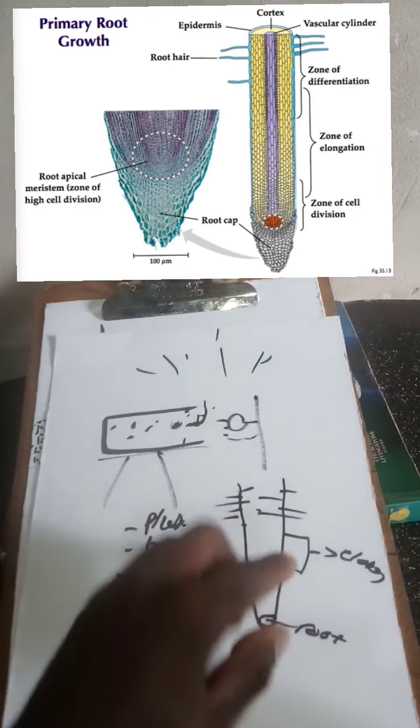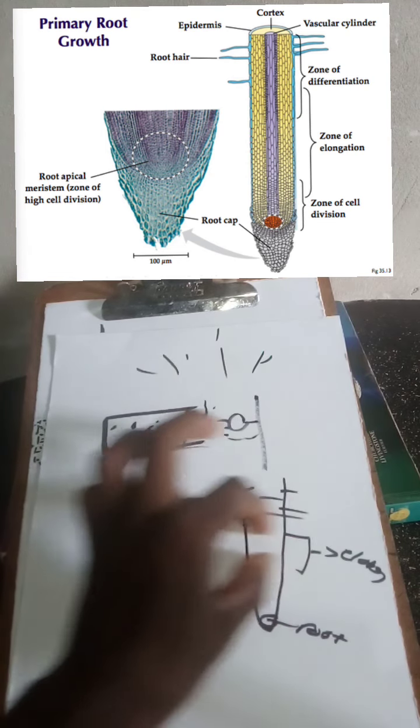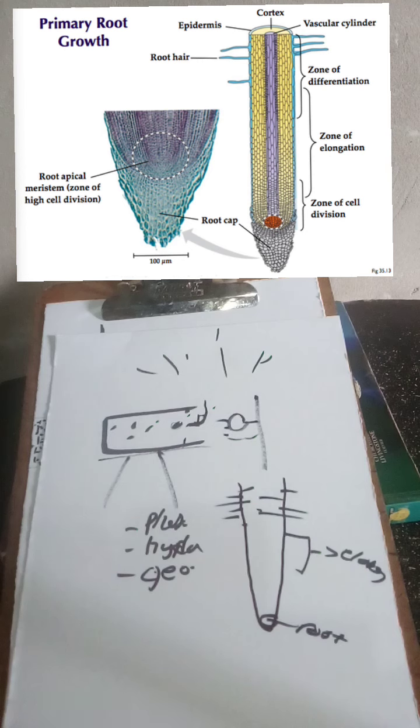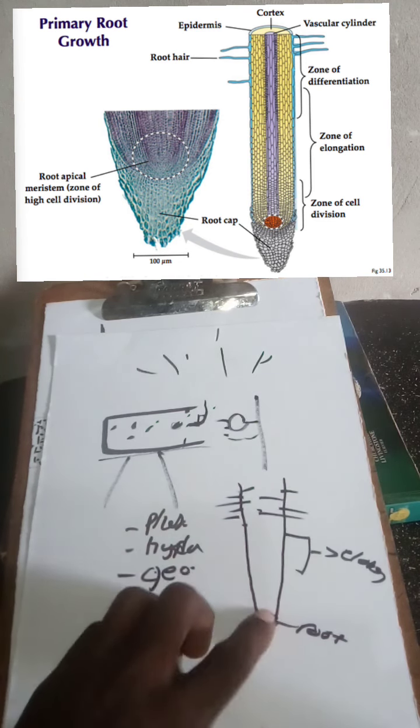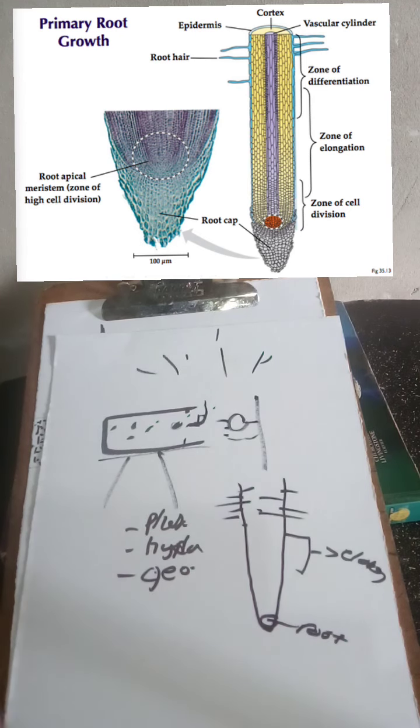As the roots develop, in the region of elongation, the meristem behind the root cap somewhere here produces new root cells that elongate, and the zone of elongation is where the newly formed cells increase in length, thereby lengthening the roots.